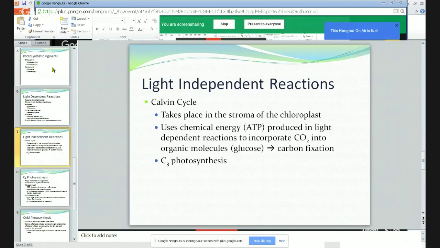There's another enzyme called oxygenase that's going to hold that carbon dioxide together as it attaches to the RUBP molecule.